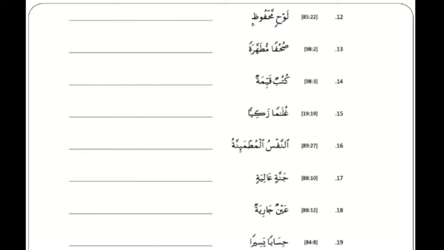Kutubun qayyimatun means valuable or precious books. Again, kutub is the plural of a non-human thing, and therefore Allah refers to it as a single female.